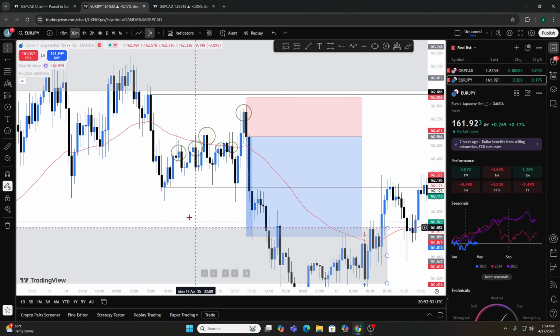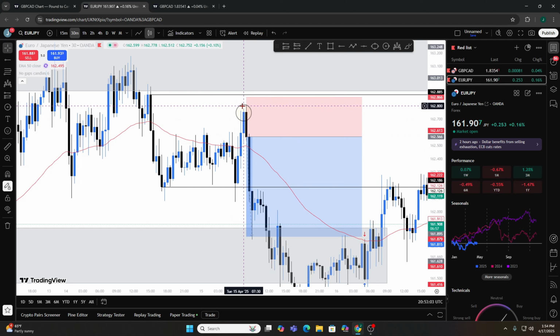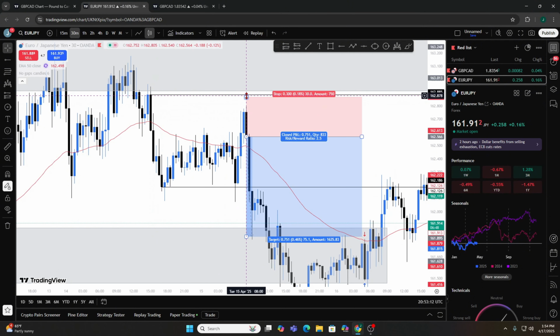No, as long as your 30-minute lower high is not broken, this trade will still be good to take. So you just gotta be patient and wait for that entry signal.